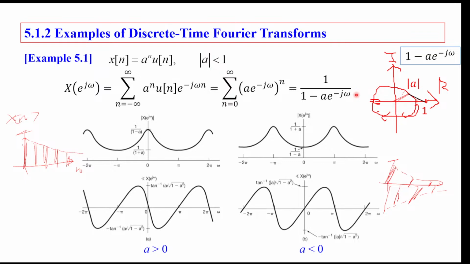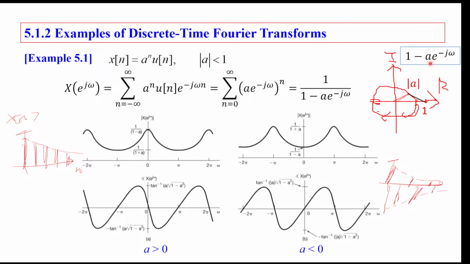Okay, and we can try to plot this result in terms of a greater than 0 or a less than 0. Okay, and we can think about what's the absolute value of this thing. So this is quite a complicated formula, but let's first look at what's 1 minus a e to the minus j omega. A is a complex value, so you have something on the complex plane.